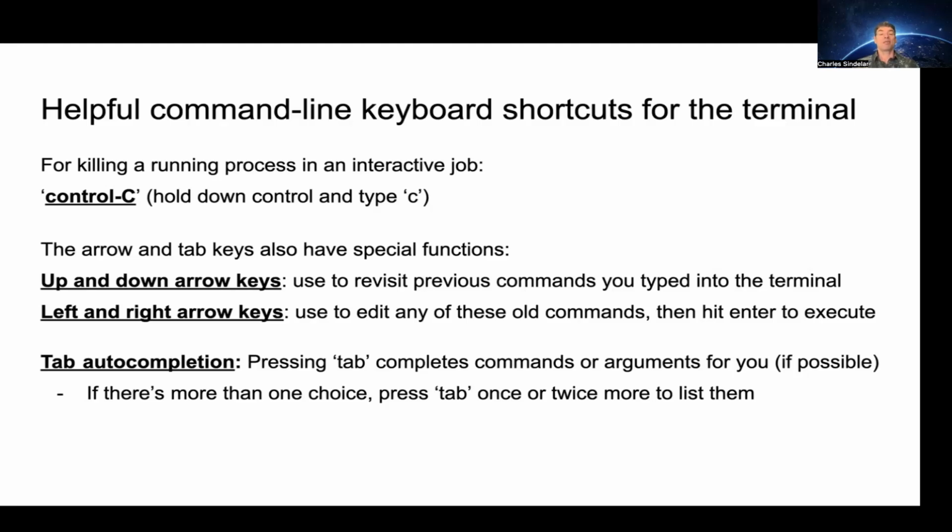Finally, we have tab autocompletion on the command line, where pressing tab will finish a command that you've partially typed or arguments for the command that you have partially typed, if possible. If not, if you press tab again once or twice, you will often get a list of possible completions. So this can greatly reduce the amount of typing that you have to do.